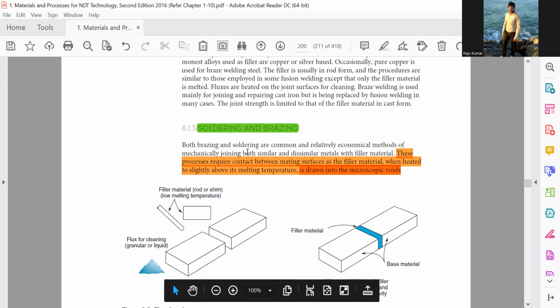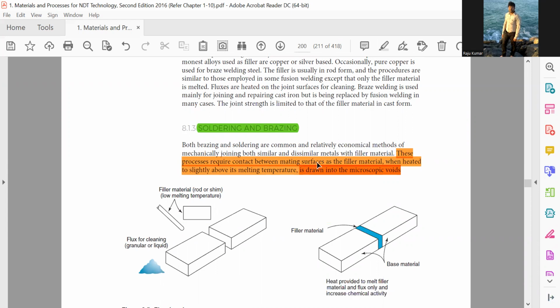Soldering and brazing. In this process, a filler material between mating surfaces, when heated slightly above its melting temperature, is drawn into the microscopic voids. So in both, by capillary action, this liquid metal goes inside the microscopic voids.